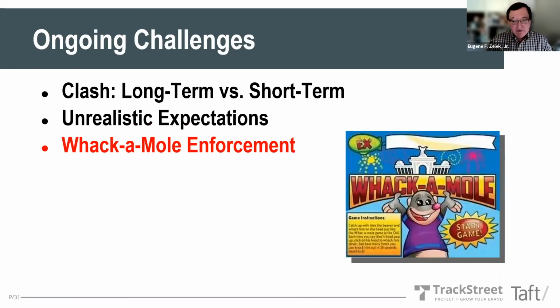Another one is whack-a-mole enforcement, which really gets a lot of people down, because it seems like they'll take action against a violator and then another one crops up immediately, or the initial one changes its name and is back at it. Sadly, that's par for the course. So you have to tolerate some of that. What a lot of our clients do is shoot for compliance at 90% plus. If they're doing 95% or more, they're doing very well with their program.